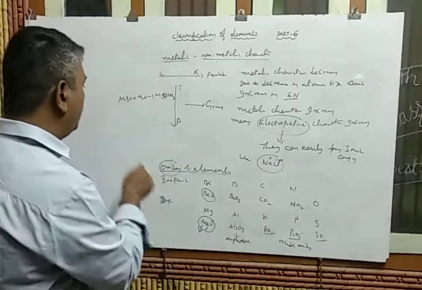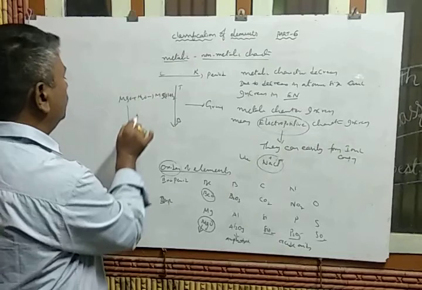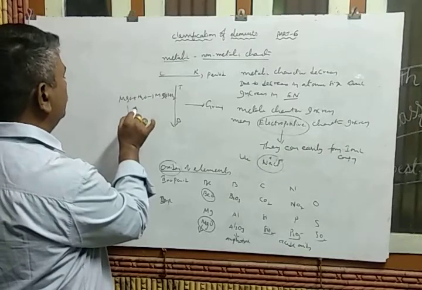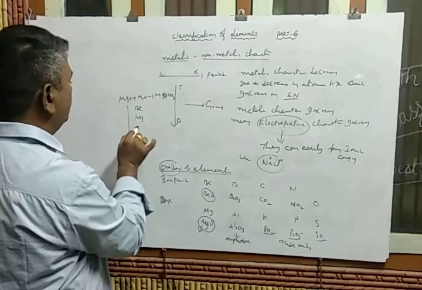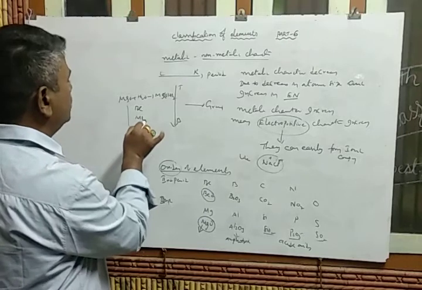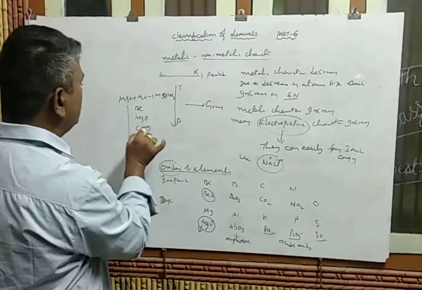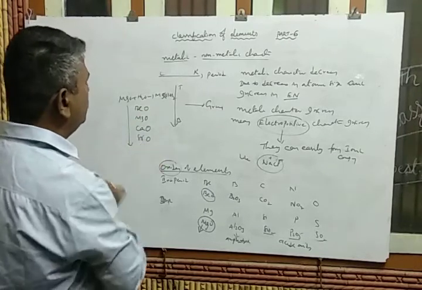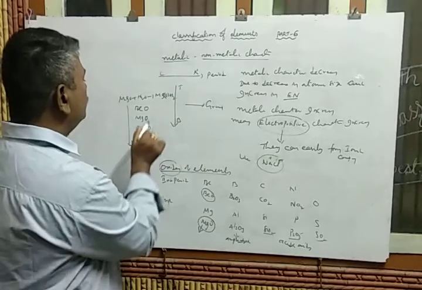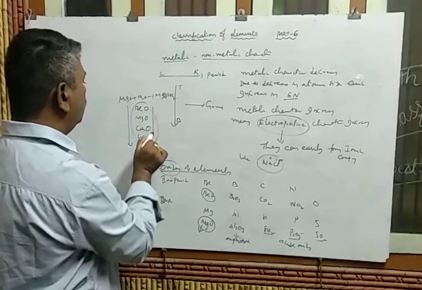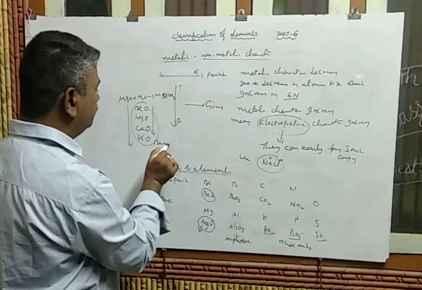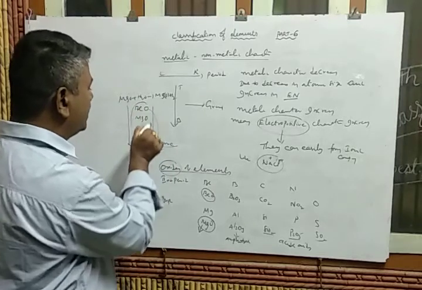Whereas in a group, like beryllium, magnesium, calcium, strontium, these oxides, BeO, MgO, CaO, strontium oxide, possess more basic nature because metallic character increases.